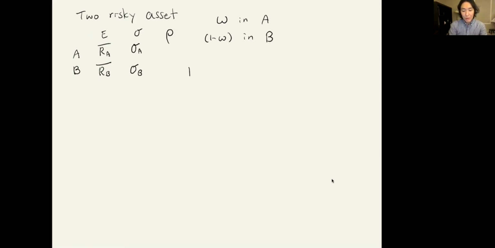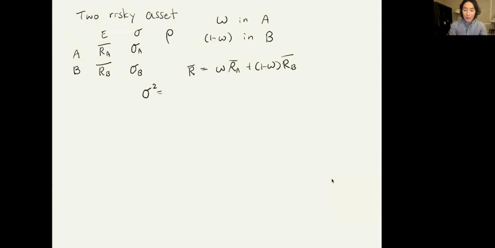And the portfolio expected return is going to be the linear combination between A and B's expected return, okay? And we also need to calculate the standard deviation of the portfolio, but standard deviation is more complicated than variance, so we will just calculate the variance.